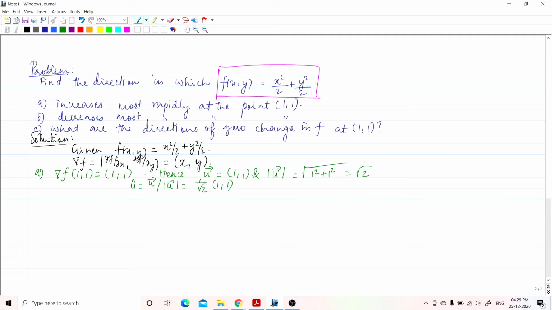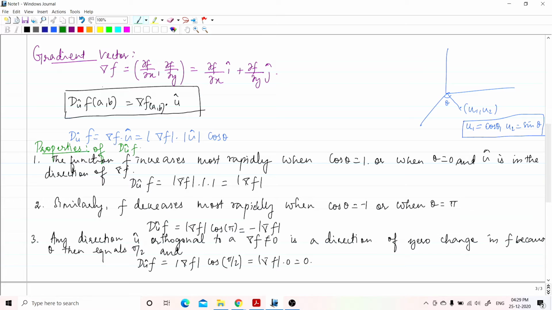Now you are asked to identify the direction in which this increases rapidly. If you see here, it increases rapidly when your u cap is in the direction of del f itself.